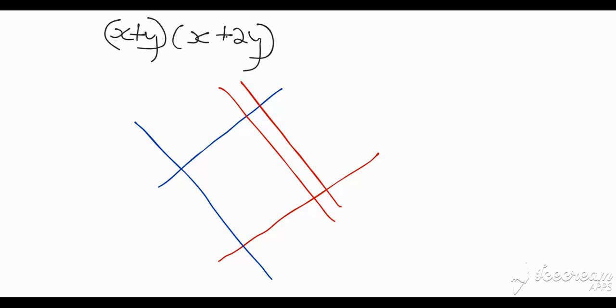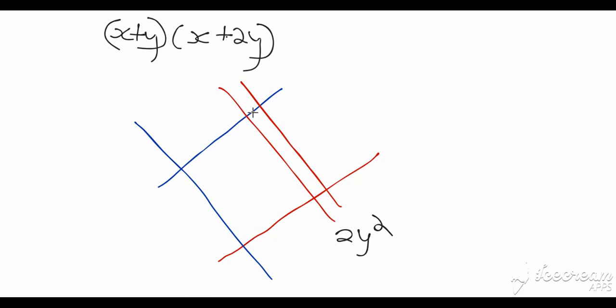Now, this is what happens in this particular scenario. Down here in this position, because we have strictly y lines crossing, we're going to end up with y squared, because the red lines represent the y term. And because we have red lines intersecting, we're going to have squared there. So what we actually have here is 2y squared.